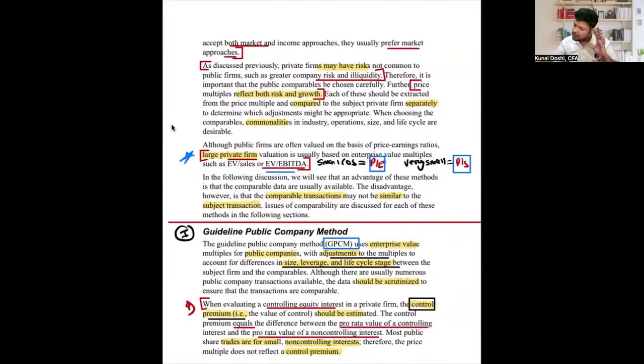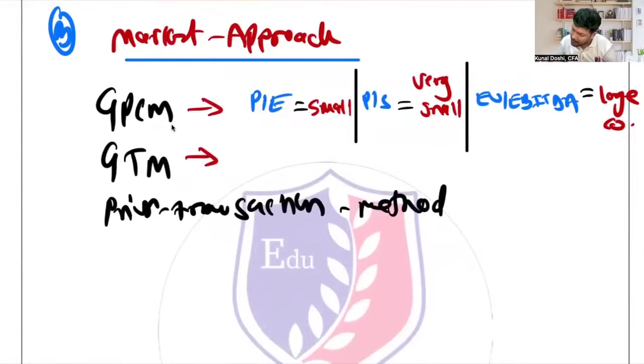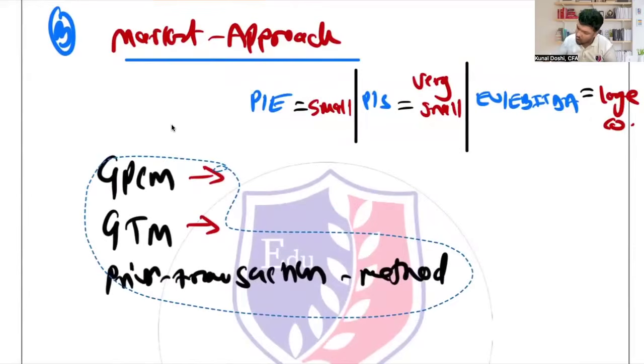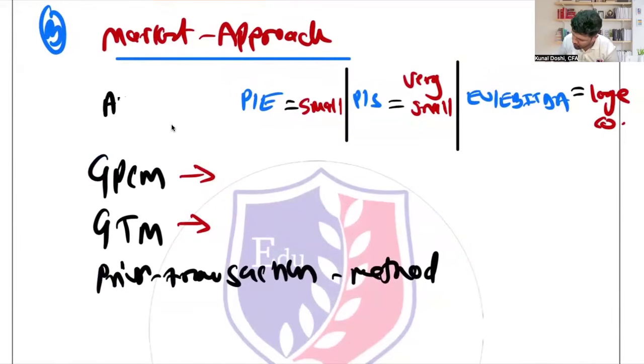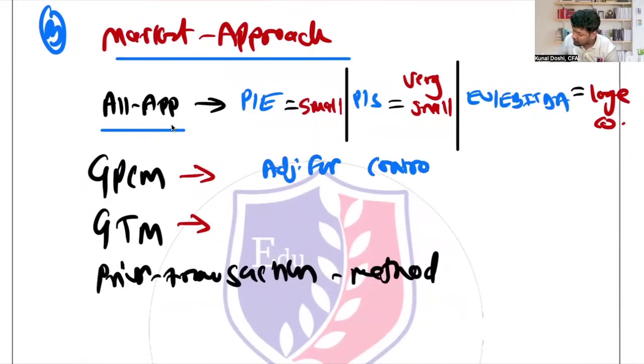There is not going to be any difference in the method. This is to be perhaps used in all approaches, but if it's a guideline public company method, you need to adjust for control premium.